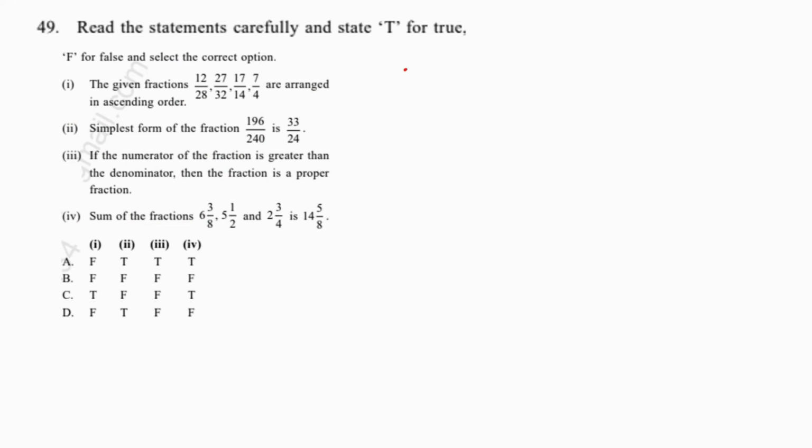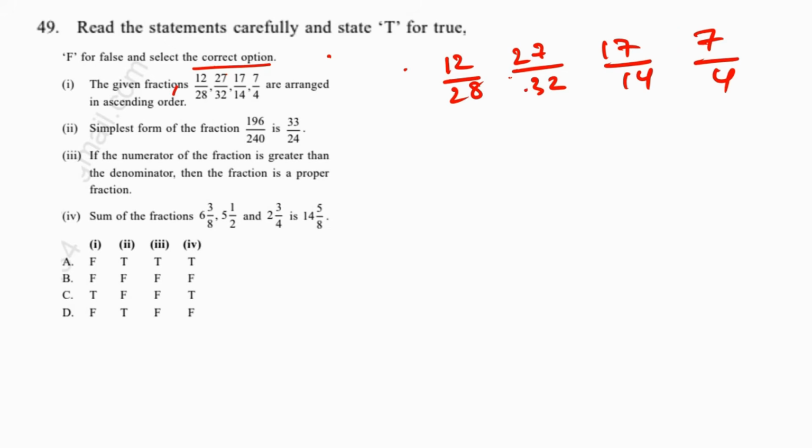Next question, you have to state T for true and F for false and select the correct option based on it. The given fractions 12 by 28, 27 by 32, 17 by 14, and 7 by 4 are arranged in ascending order. Is it correct? Let's see. First one is 12 by 28.